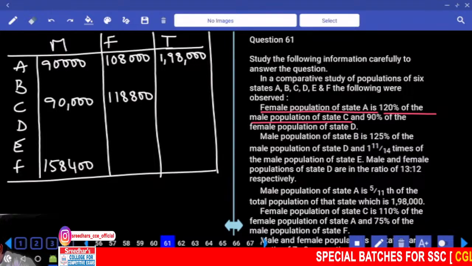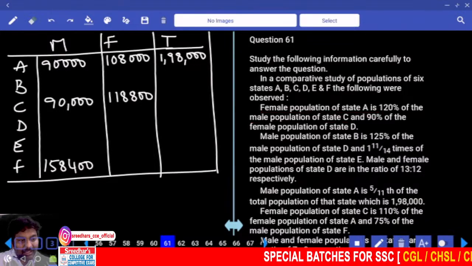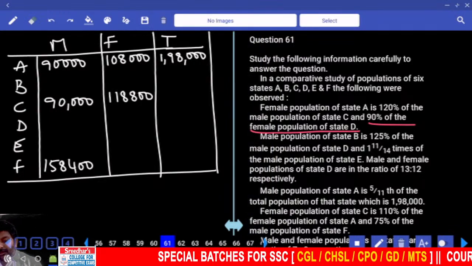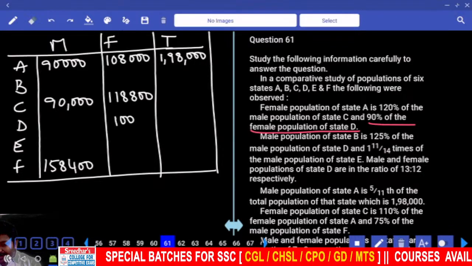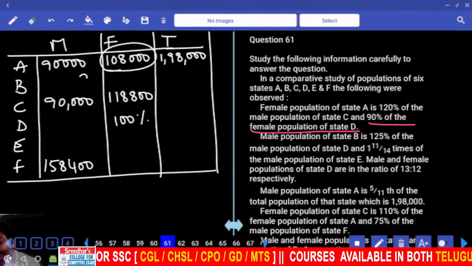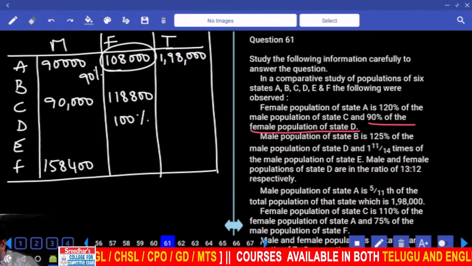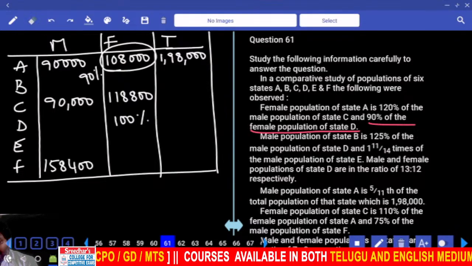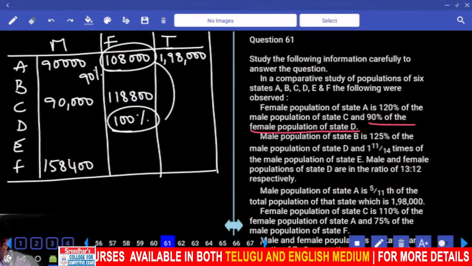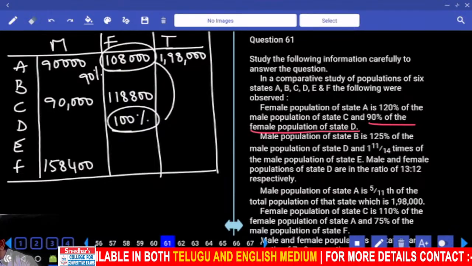You understand? Next. And 90% of female population of D. If female population of D is 100%, this will be 90%, correct? Then 100% should be definitely more than 108. If it is 120, take an example.